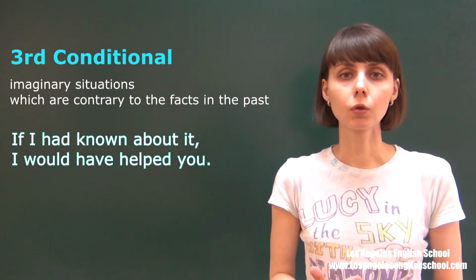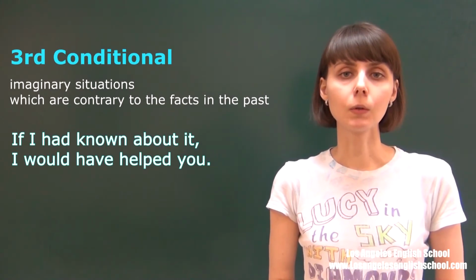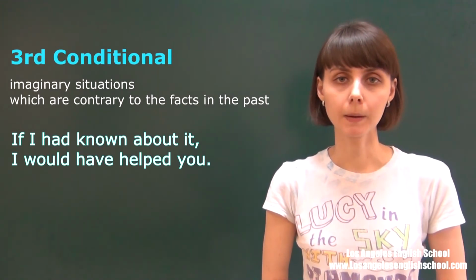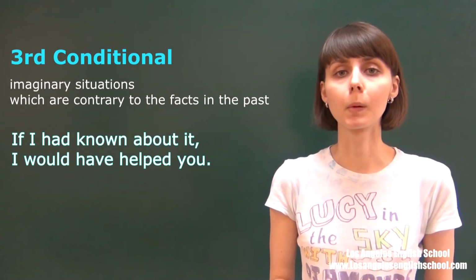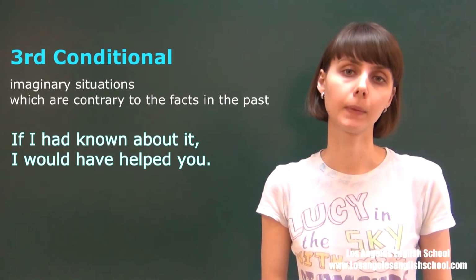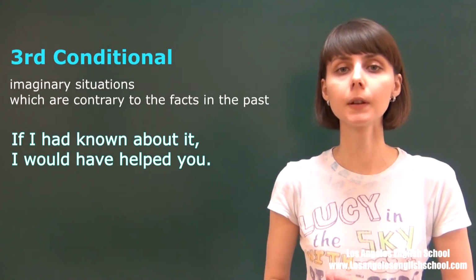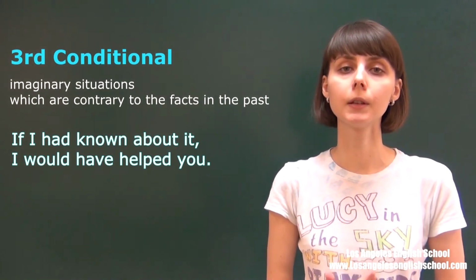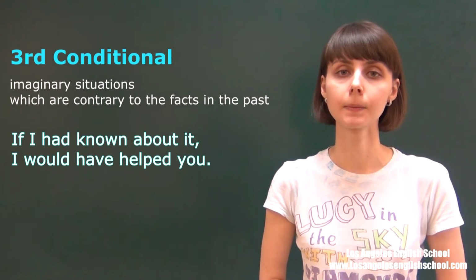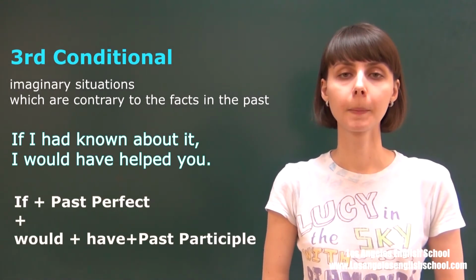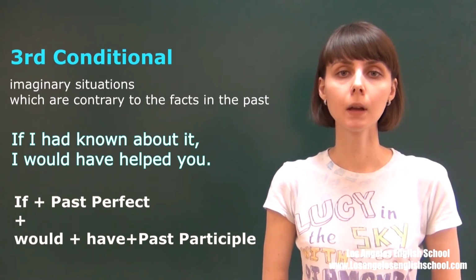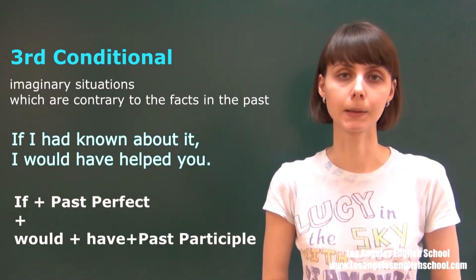It means that you show regret, so you didn't know about something and now you regret that you didn't have such an opportunity to help a person. So the construction of third conditional sentences is if plus past perfect plus would plus past participle.